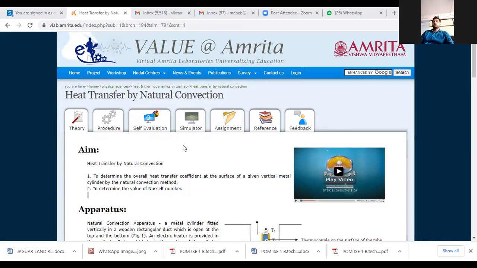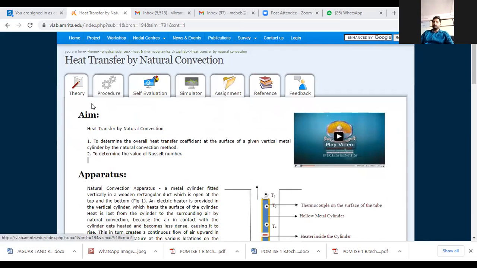The virtual lab is segregated into different tabs. The first part is the theory part, second is the procedure, third is self evaluation, and fourth is the simulator, then assignment, reference, and feedback. In this session we are going to discuss the theory part, procedure, self evaluation, and simulator part. Most important, our aim is to understand the simulator part, and to understand it we require some theory.